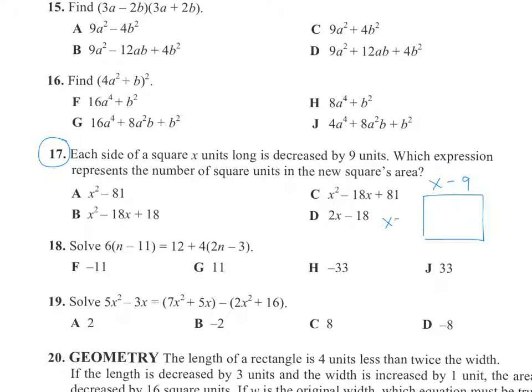Same thing on the other side, since it's a square, all sides are the same. And then now I just need to find the new square's area. So x minus 9, the quantity squared, and this is again a special product. So x minus 9, the quantity squared, gives me x squared minus 18x plus 81, which would be answer C.